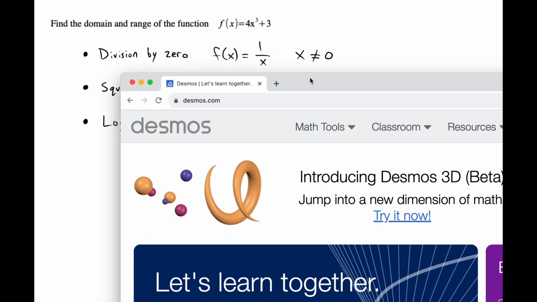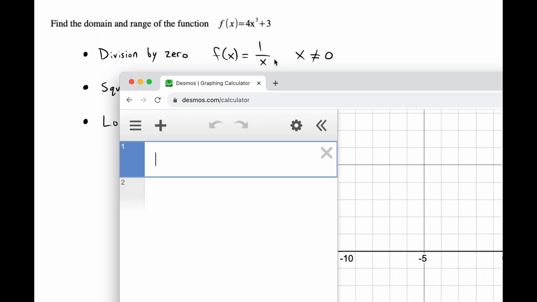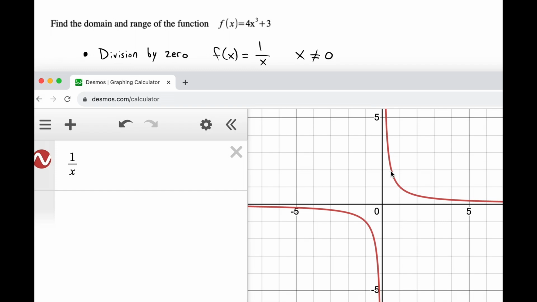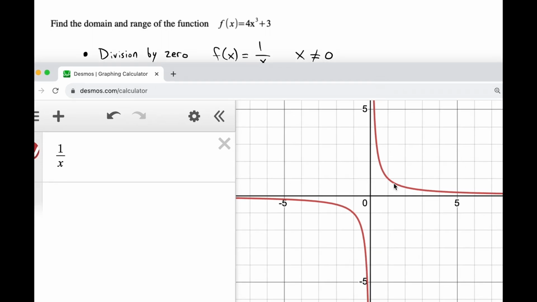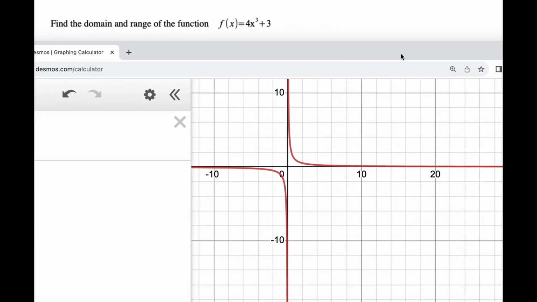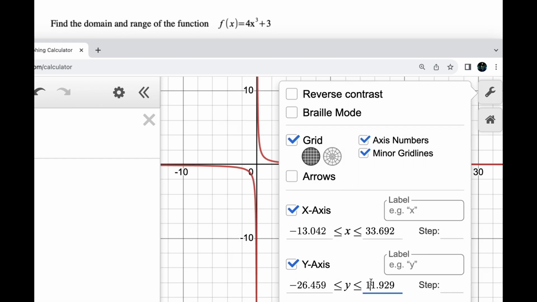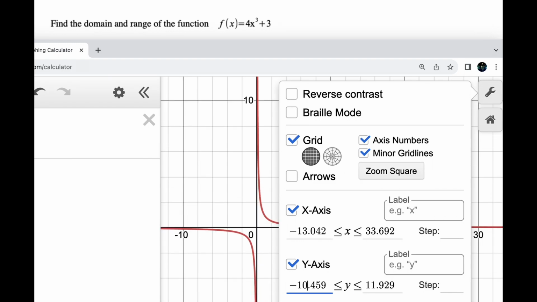If we go to Desmos, we can see a graph of 1 over x. So normally, the graph has output values at all different x's. And I said one time in one of my examples that you could even shrink the graph by compressing it vertically with a clever trick of just creating unreasonably large y-axis values.